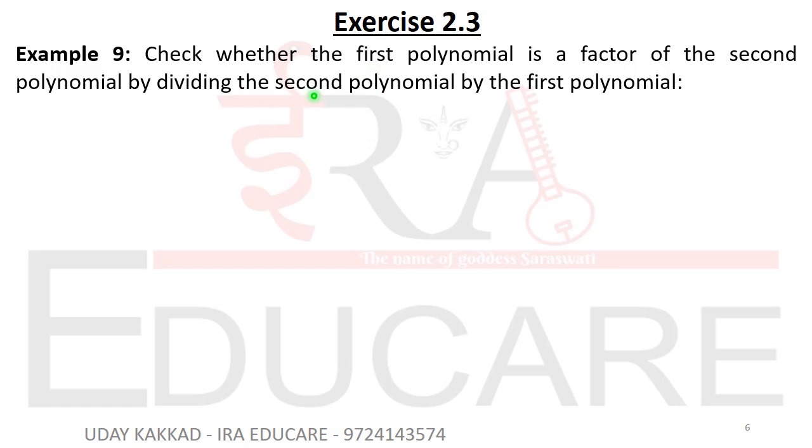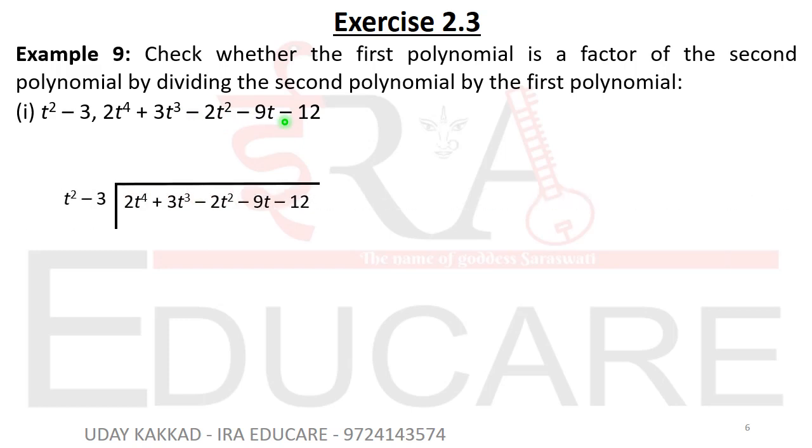Let's see that. Here are the 2 polynomials, t square minus 3, and 2t raised to 4 plus 3t cube minus 2t square minus 9t minus 12. Now try to divide it.